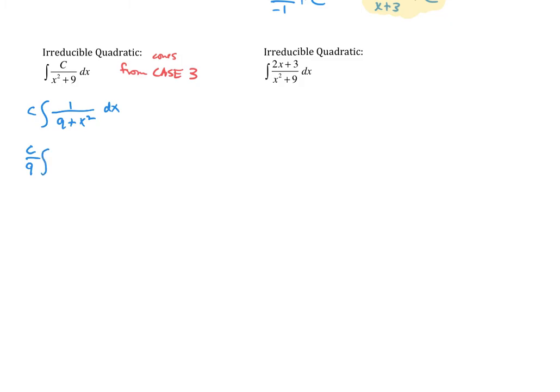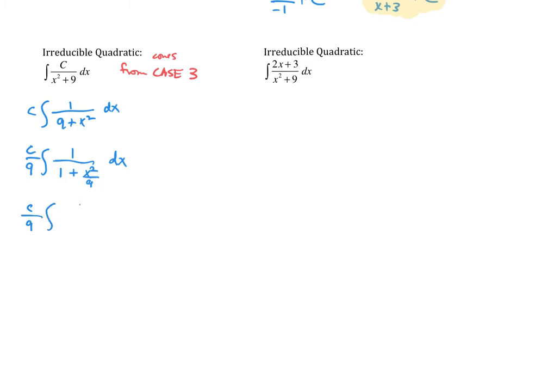So when I factor out a 9 from the denominator, that forces the 9 to be 1. And then I have x squared over 9 dx, like that. So you can verify that if you multiply the 9 in and distribute properly, you're going to get the original denominator there. Okay. Next step, let me leave my constant in front out there, c over 9.